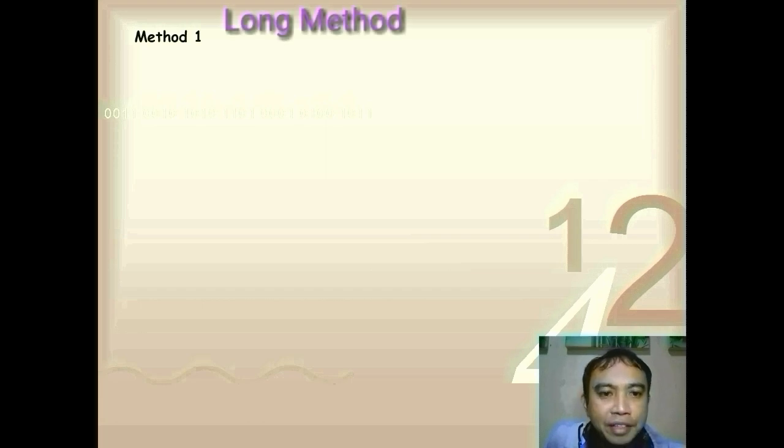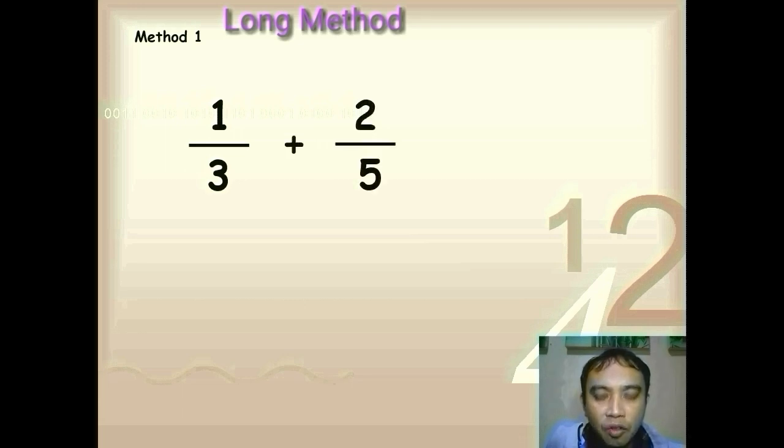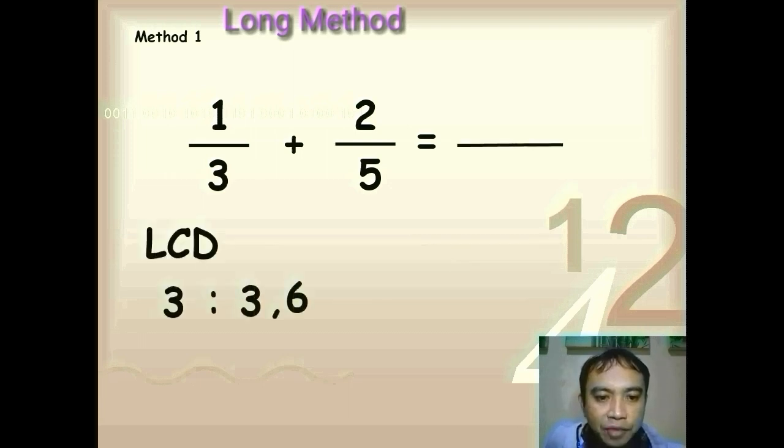So method 1, we can have 1 over 3 plus 2 over 5. So how do we do this? We look for their LCD. So get the multiples of 3. You have 3, 6, 9, 12, 15, 18, and so on.